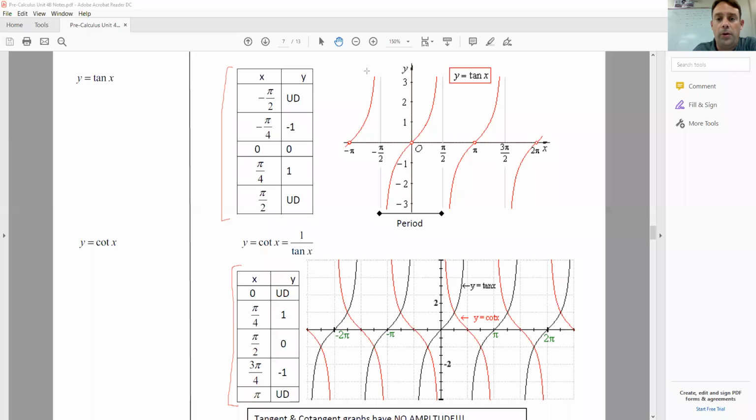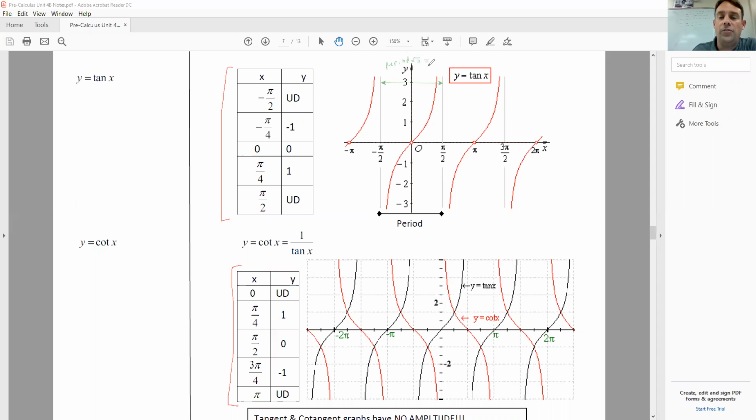If you notice, the period length is only pi. I just realized that it had period down below there. Oopsies. So the period length is equal to pi.